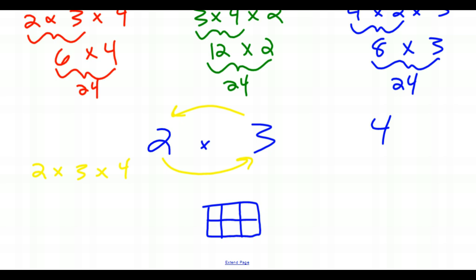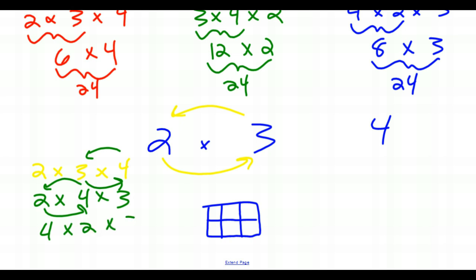If we wanted this to become 4 times 3 times 2, we could just switch these, switch the numbers again, so it becomes 4 times 2 times 3, and then switch these numbers one more time. We can do that over and over and over, and we can change from one number to another just using the 2-number commutative property that we learned when we first started talking about multiplication.